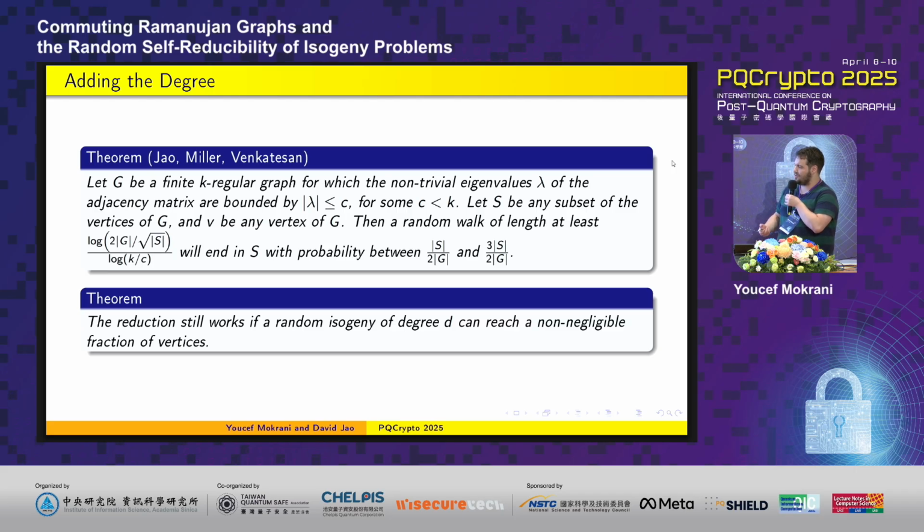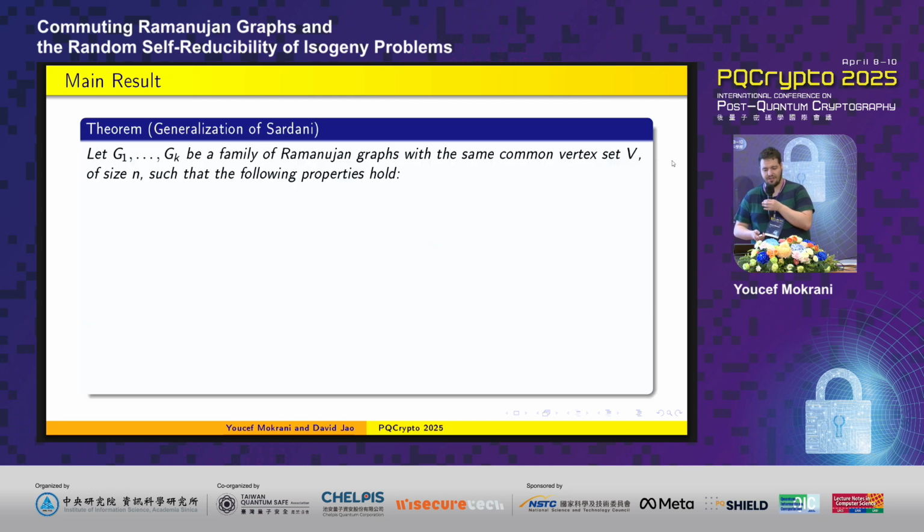So what we have to do for this reduction to work is to prove that for some value of d, a random isogeny is able to reach a non-negligible fraction of every single vertex.